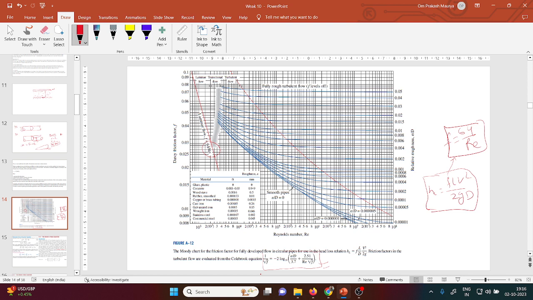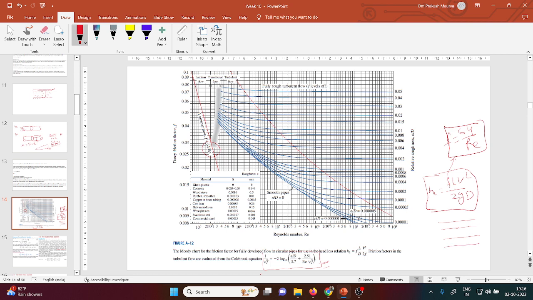What Moody did is he just drew the representation of this equation with the different roughness of the pipe. Let's say lots of pipes are there, steel pipe and cast iron pipe.